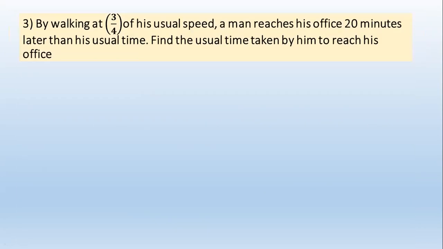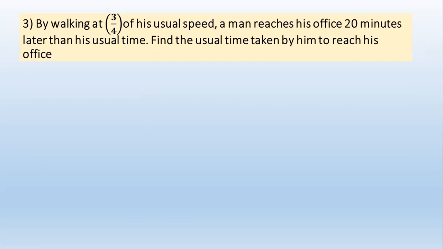By walking at 3 by 4 of his usual speed, a man reaches his office 20 minutes later than his usual time. Find out the usual time taken by him to reach his office. A man is walking slowly here, so obviously he will reach office late, which is given as 20 minutes here.